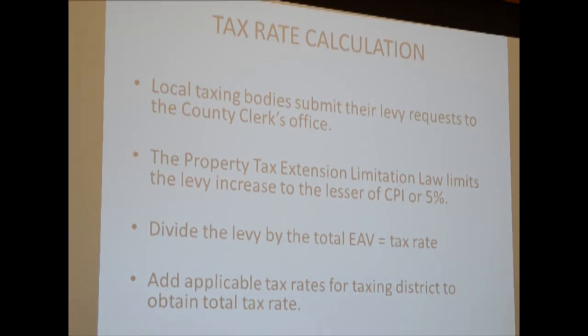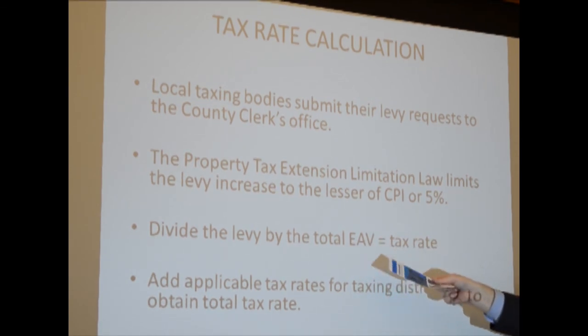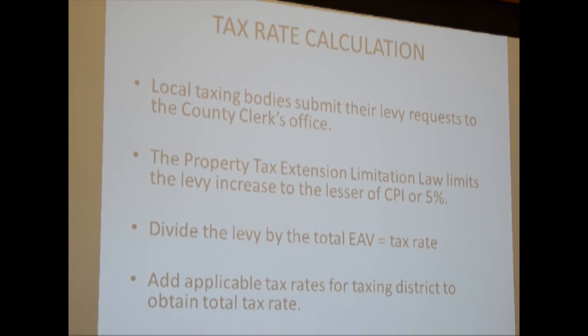The Property Tax Extension Limitation Law limits the levy increase to the lesser of the CPI, the Consumer Price Index, or 5%. So now you divide the levy by the total equalized assessed value, EAV, and that equals your tax rate. So you've got an AV, an assessment valuation, and then you have an EAV.